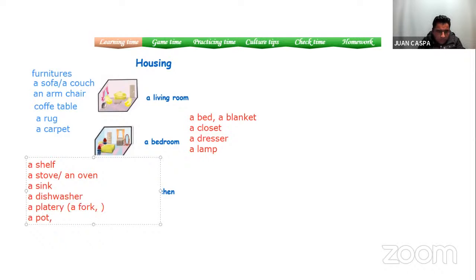Tenedor, a knife, and a spoon, right? Spoon, etc., etc. Those kinds of things. And then we have a kettle, caldera, microwave, okay, etc., etc.